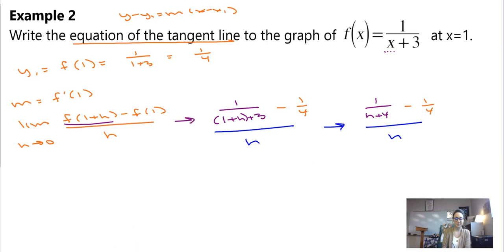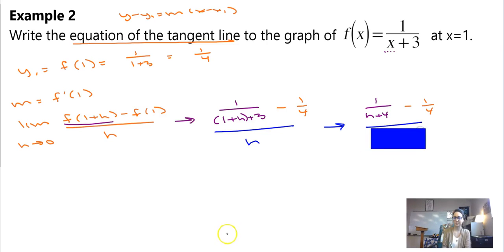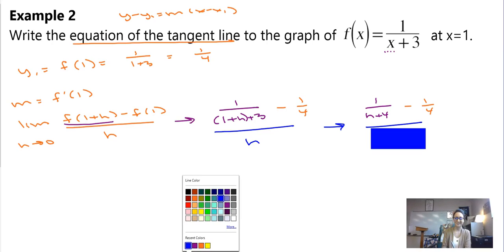So now what we want to do is get a common denominator, and just so that it's not too much to look at right now, I'm going to block this out just for now so we can really focus on the purple and the orange. So notice that you've got two different denominators, right? So one has a denominator of h plus 4.